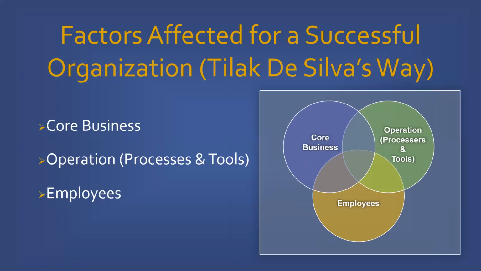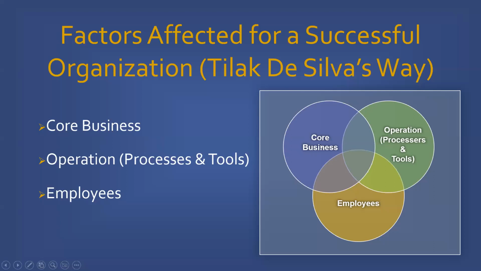This is my way. We have to see about the core business area, then the employees, and then the operation part, that is the processes and tools. Most organizations focus on the core business area only.